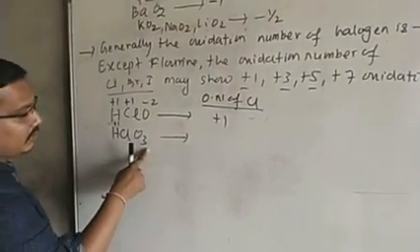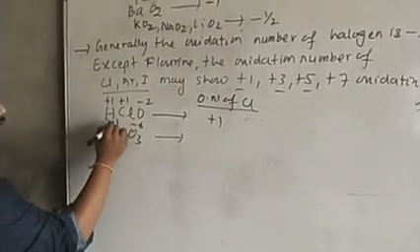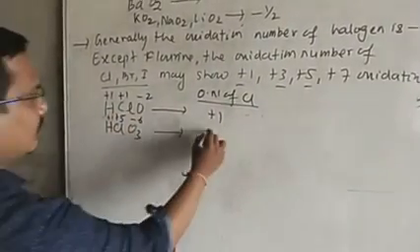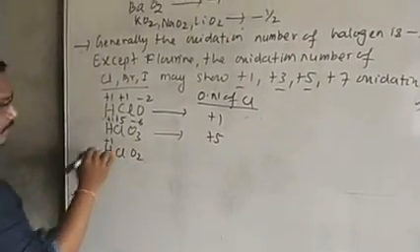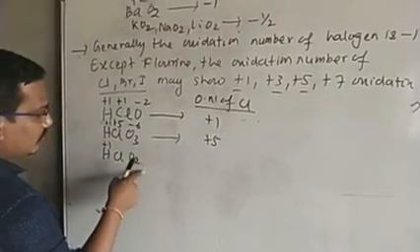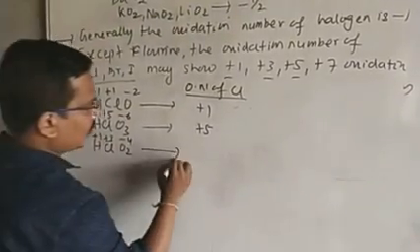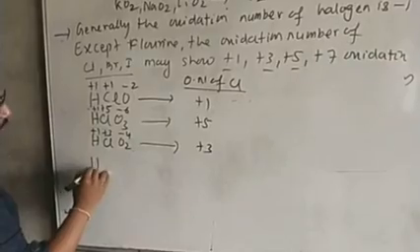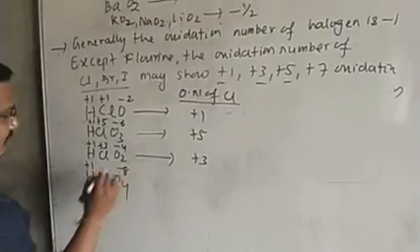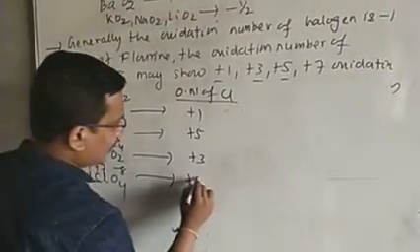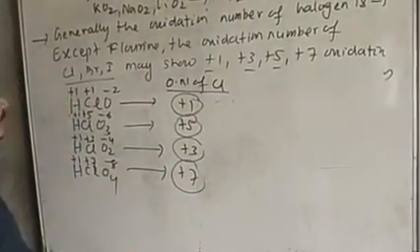There are 3 oxygen atoms, so 3 times -2 is -6. Chlorine must show +5. In HClO2, hydrogen has +1, oxygen -2, 2 oxygens make -4. That means chlorine must show +3. If you think about HClO4, +1 and -8, chlorine must show +7. Like that, it shows +1, +3, +5, +7.